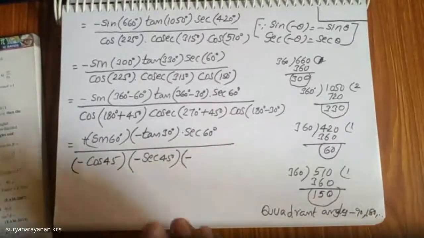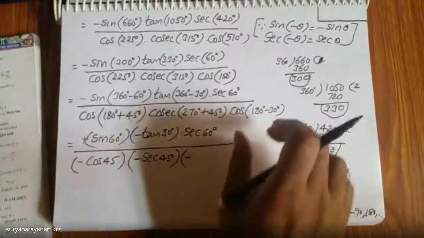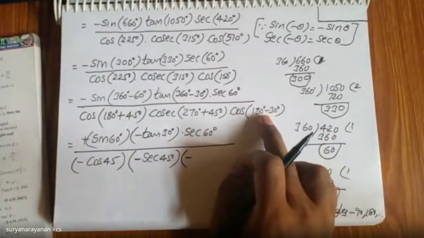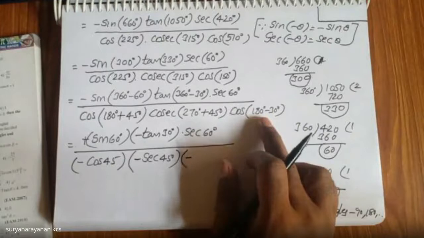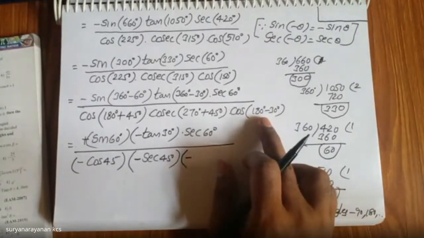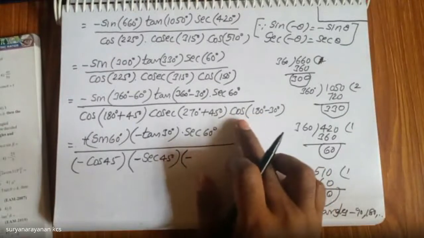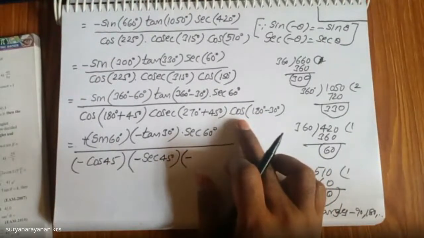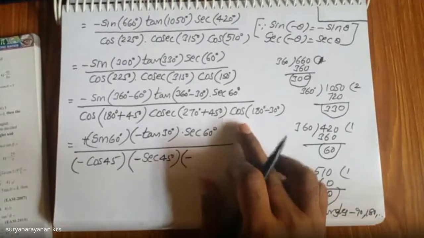There are three questions involved in this. First, we have to find out the quadrant in which the angle lies. You have to question yourself in which quadrant the given angle lies. Second, we have to check which trigonometric ratio is positive and which is negative in that quadrant.